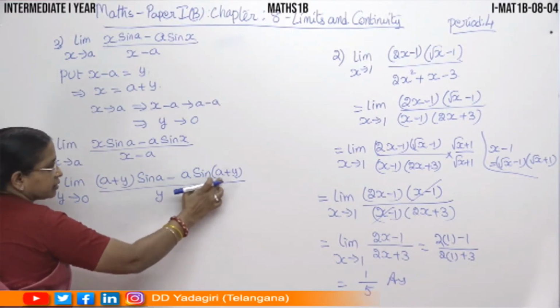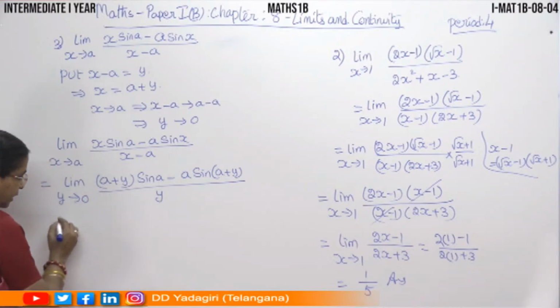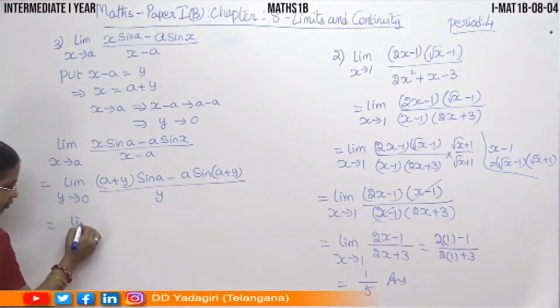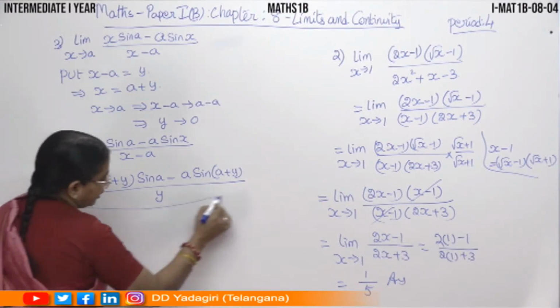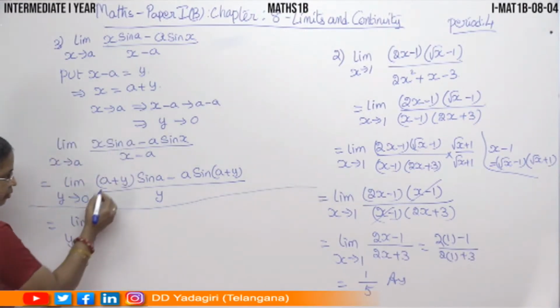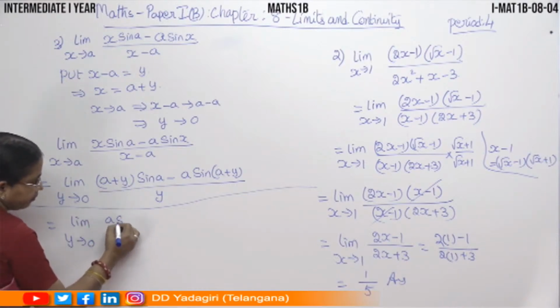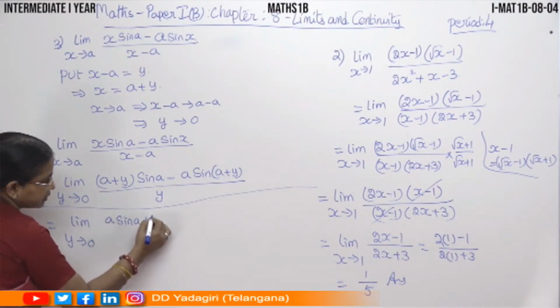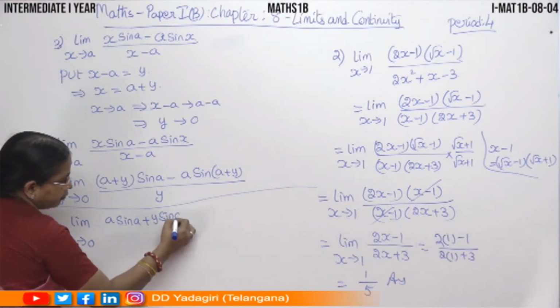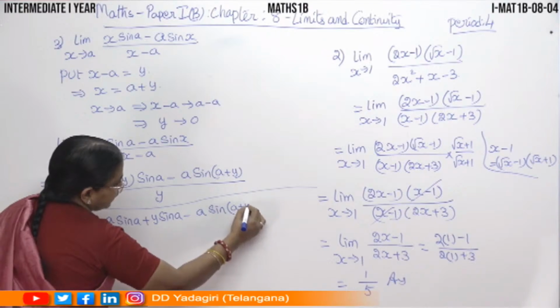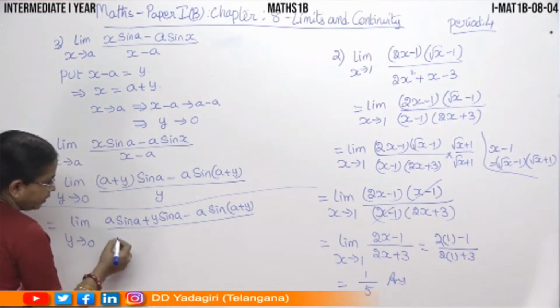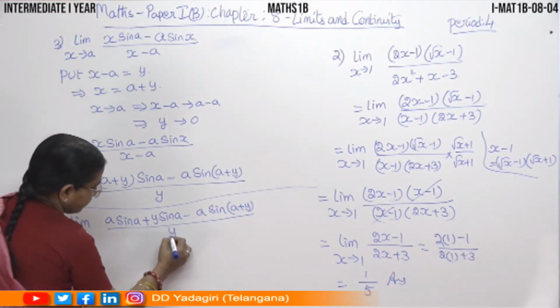Now split this. Multiply a sin a. So this is equal to limit y tending to 0 of a sin a plus y sin a minus a sin(a plus y), all by y.